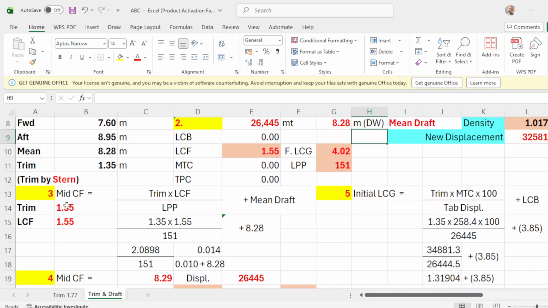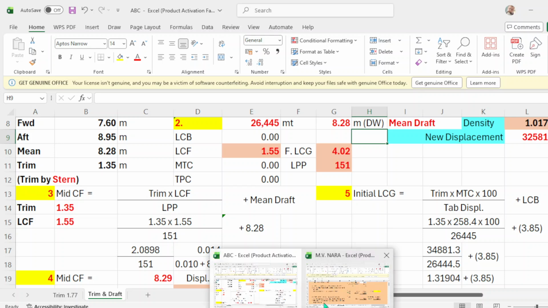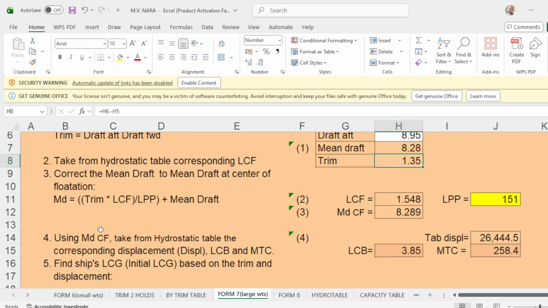So mean draft at center of rotation is trim times LCF over LPP plus your mean draft. It is the same here: your trim times your LCF over LPP plus your mean draft. This is your mean draft. To correct the mean draft. Corrected mean draft.